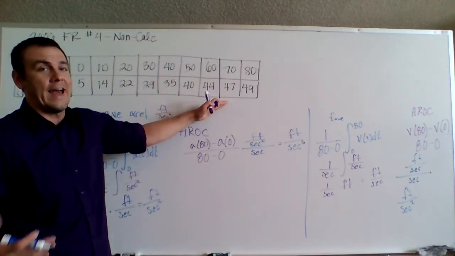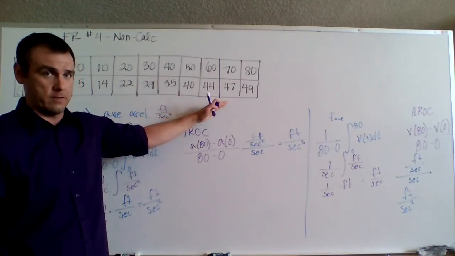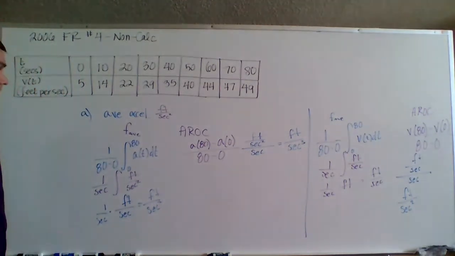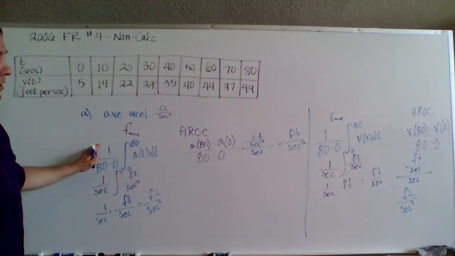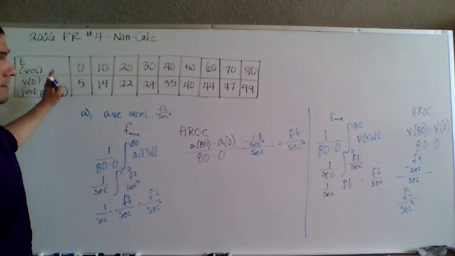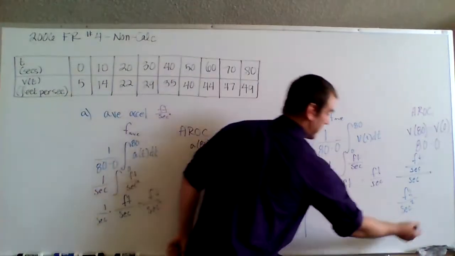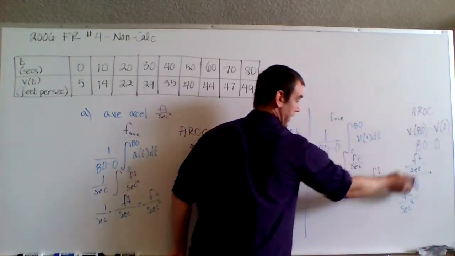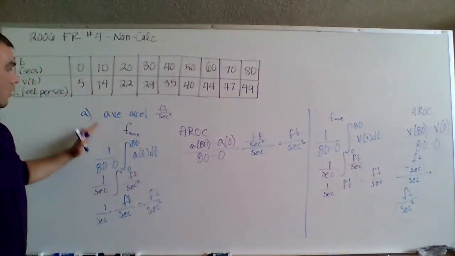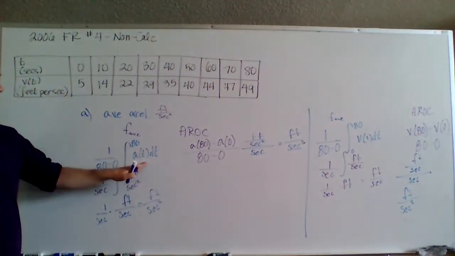Like I said, you guys have to pay attention to your units. So what do we really want? Acceleration. We really want feet per second squared, so this method, AROC, or FAV using acceleration.